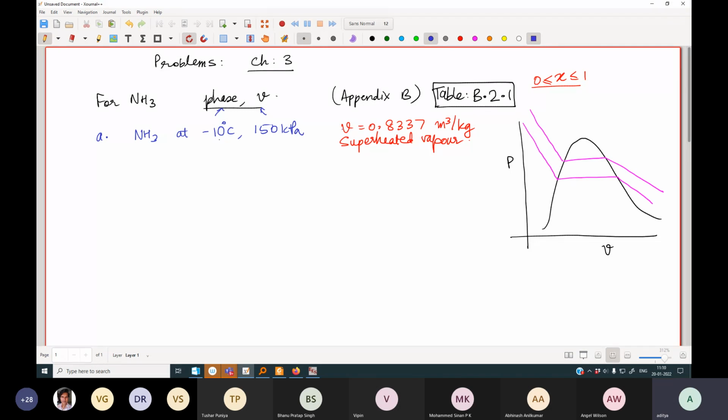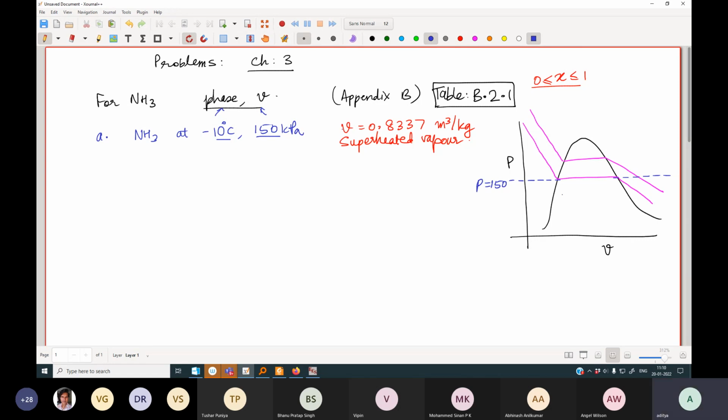They're telling us minus 10 degrees Celsius and 150 kilopascal. First, let us assume that this horizontal line is the 150 kilopascal line, P equal to 150. The units are implicit; I'm not writing kilopascal.